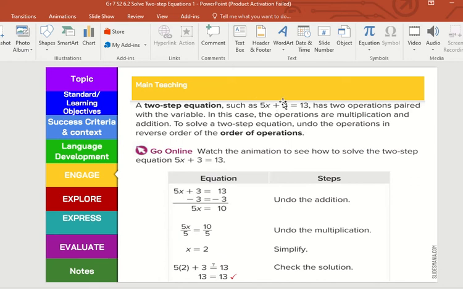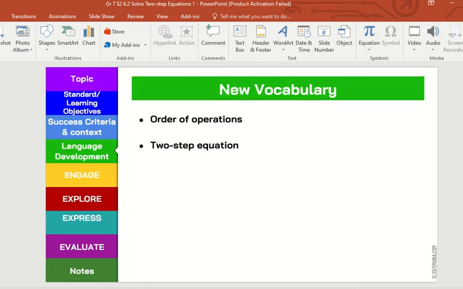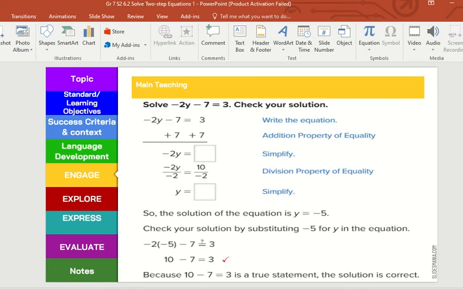So to cancel this plus 3, this additive property, we will subtract 3 from both sides. And to cancel this 5, which is multiplication, we will divide both sides by 5. So you can follow the same process with all these examples. We have already done this in class. It's just a recap.